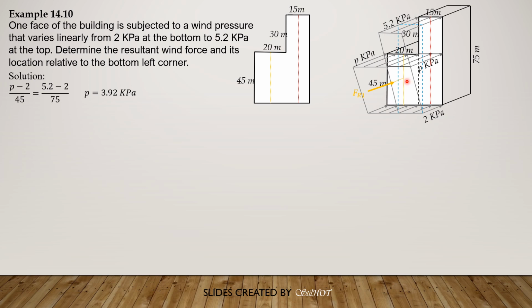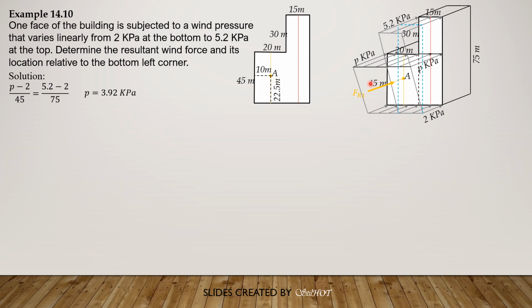And each centroid passes through half of 45 on this line here. So from this corner, 10 meters to the right, and half of 45, 22.5 meters above the bottom. So point A is, of course, 10 meters to the right of this corner and 22.5, or half of 45, above the bottom.